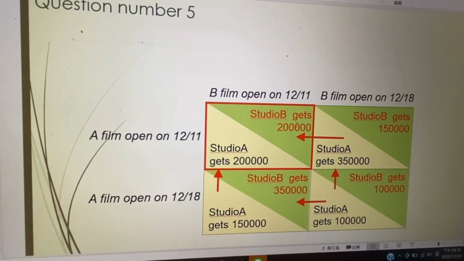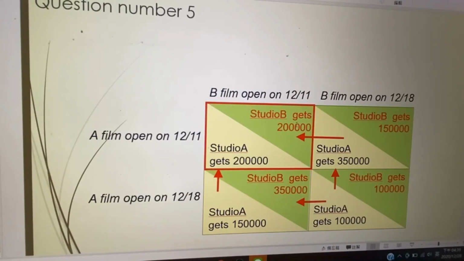If Studio A opens on December 11 and Studio B opens on December 18, Studio A will sell 350,000 tickets and Studio B will sell 150,000 tickets. 200,000 is better than 150,000, and 350,000 is better than 100,000. So the dominant strategy for Studio A is to open on December 11.